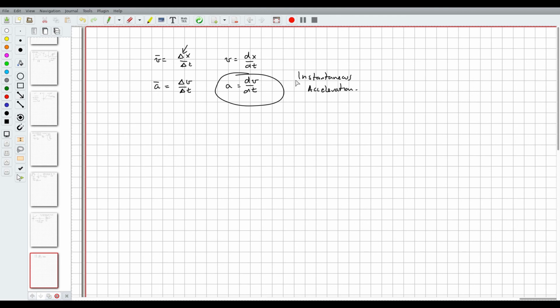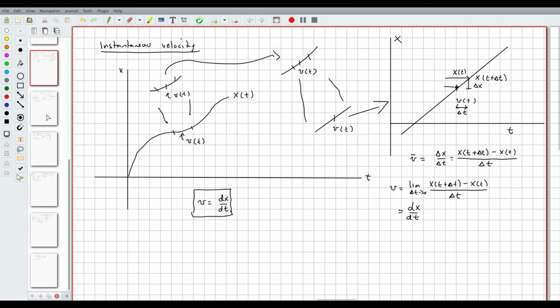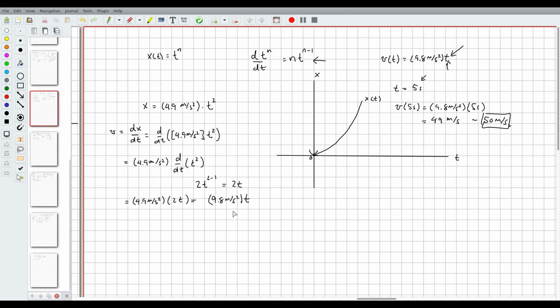Now, just a quick, simple example that I'd like to draw from using a problem that we worked before. If you remember before, we had tried to find velocity as a function of time, that is instantaneous velocity. And we ended up with something that looked like 9.8 meters per second squared times t. That was this problem right here.